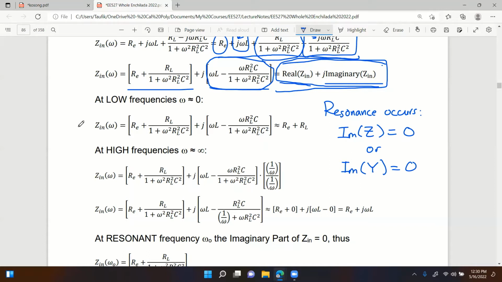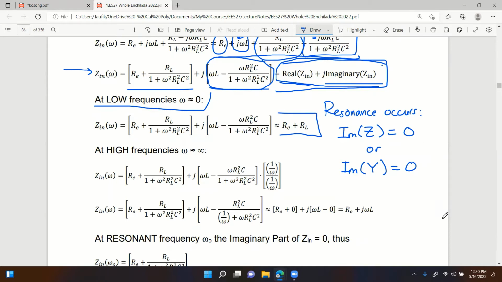But before we do that, let's look at what happens with the filter at low frequencies. We're doing frequency analysis right now. When omega is equal to 0, so at low frequencies, represented by omega equals to 0, go ahead and plug in omega equals to 0 to this equation right here. What do you get? You get the whole thing reduces to approximately equal to RE over RL.